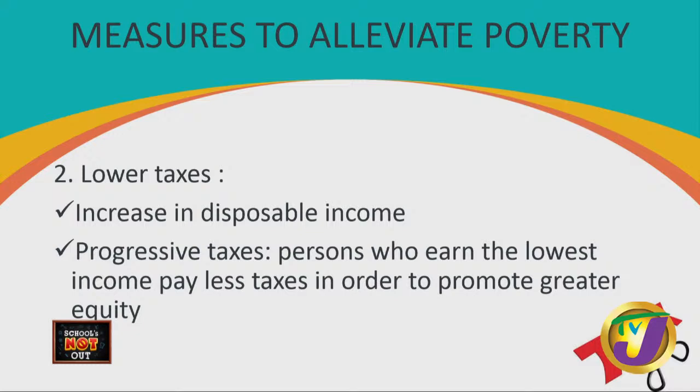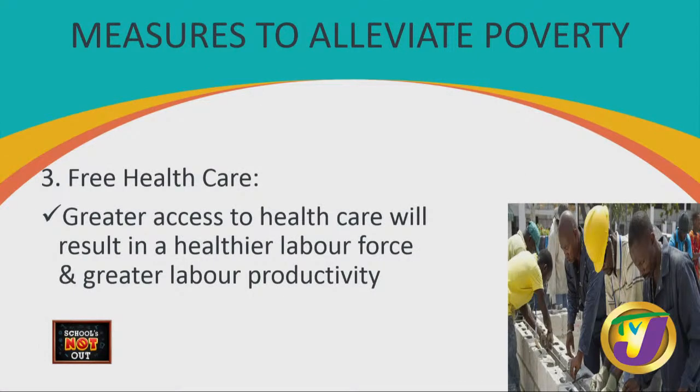They'll be able to buy more food and clothing and other essential items that they will need to enjoy a decent standard of living. Implementing a progressive tax system where persons who earn the lowest income pay less taxes promotes greater equity in terms of acquiring goods and services, so that they can enjoy a decent standard of living.